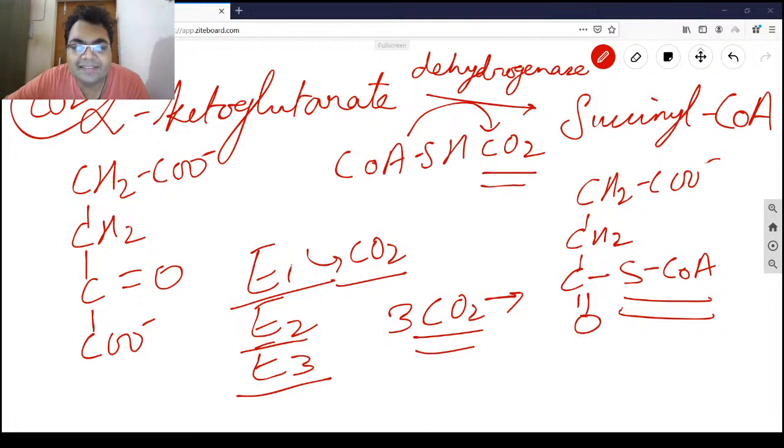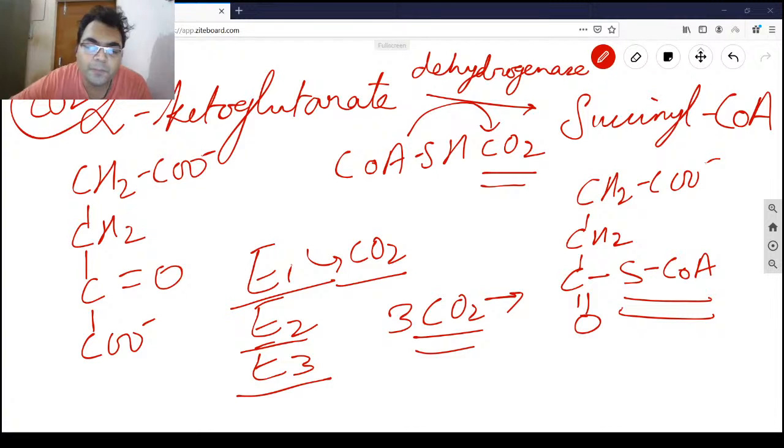Now the next thing is, we'll be coming on to the next step. What will happen to succinyl coenzyme A? Before coming on to succinyl coenzyme A, we have to understand some specific things here known as the thermodynamics.